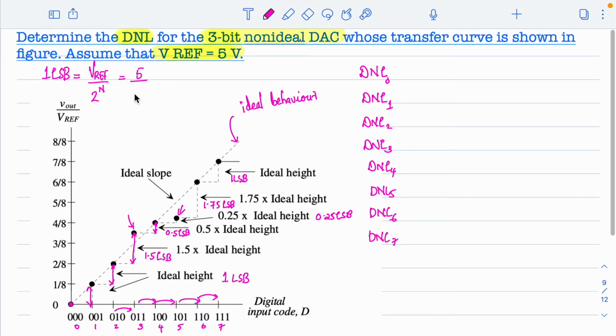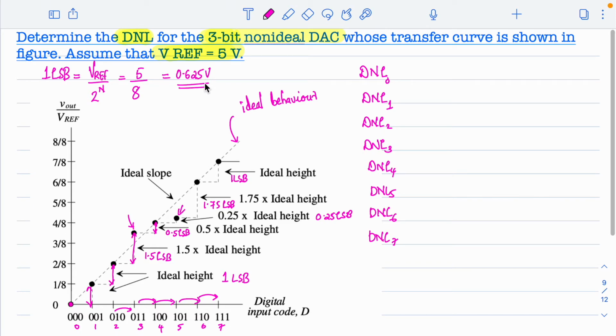This is 5 divided by 8, since 2 to the power of n is 2 cubed, which is 8. Either you can represent it as a fraction, or you can write it in decimals. So 1 LSB is 0.625 volt.